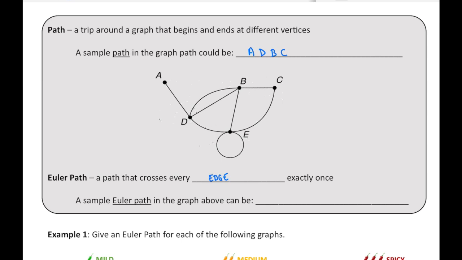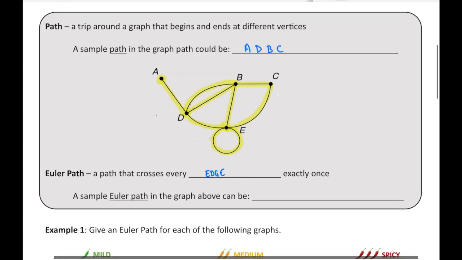Now in here, a sample Euler path might start at A, go to D, go to B, go back to D, go to E, go around the loop, up to C, to B, and back to E. And I might denote that A, D, B, D, E, E, C, B, E.